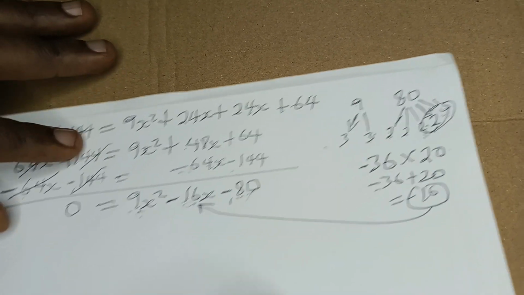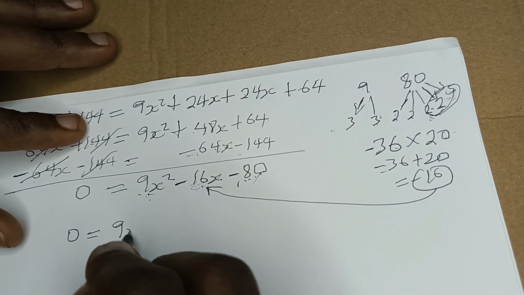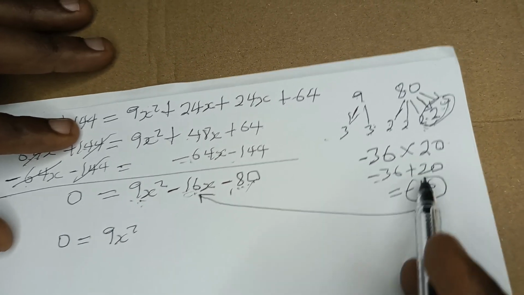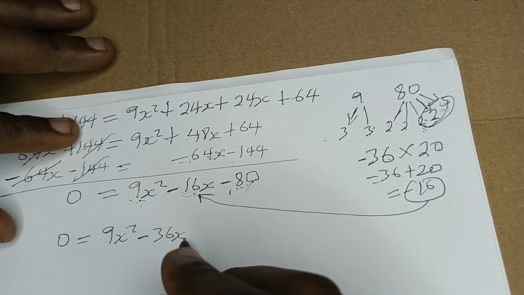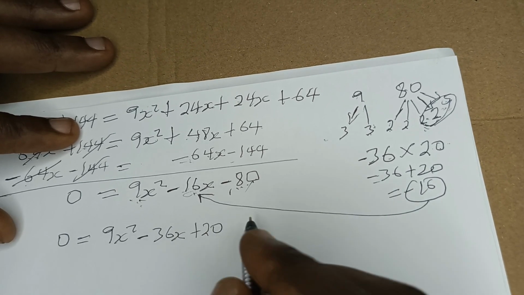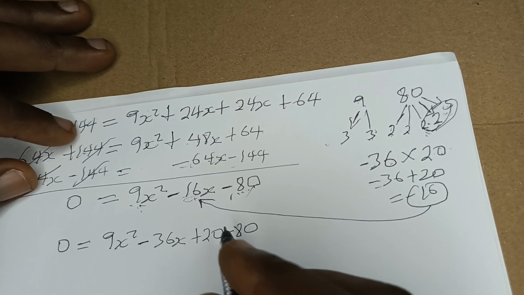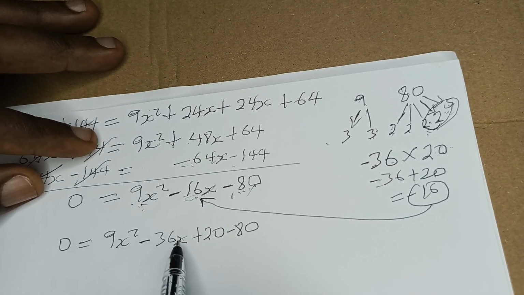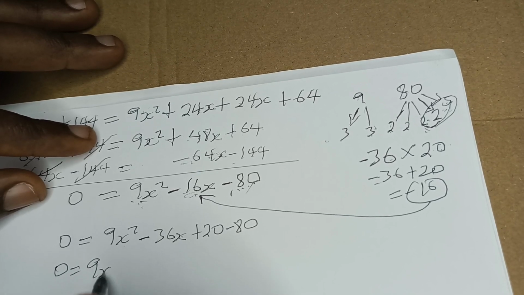So let's now go. What do we do? It means 0 is equal to 9x squared. Instead of this, we write this: minus 36x plus 20x, minus 80. So what is common between these? What are the factors? 9 is common and x. So 9x.